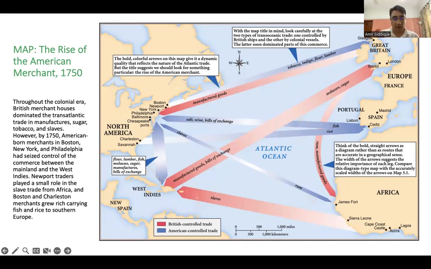So what is going on here is that you can see a lot of arrows. So let me try to read a few things. What happens is that these West Indies, Caribbean countries, were British and French colonies, right? They had a lot of raw material like sugar, primarily sugar and tobacco and fish and so forth.